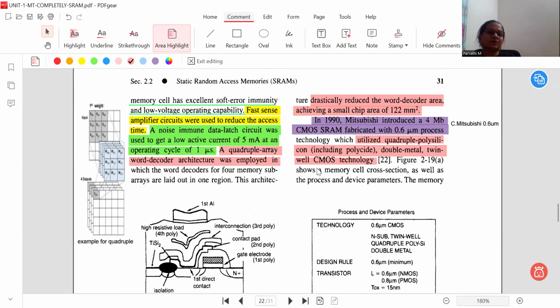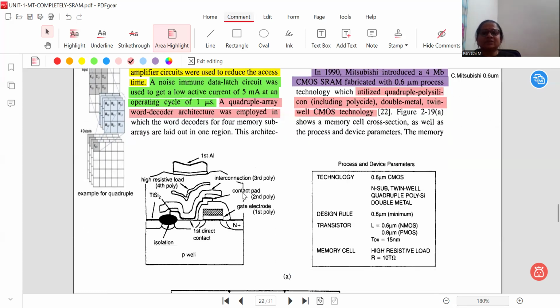In the case of Hitachi, we used three-layered polysilicon, but here Mitsubishi company used quadruple polysilicon. That means four types of polysilicon, including polycide, double metal, twin-well CMOS technology. So this is one structure where you can observe the 4 MB memory fabrication.